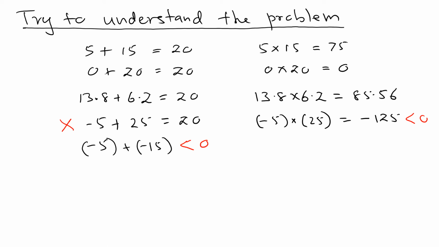The sum is always negative. So this is also not going to work, because it doesn't satisfy the given condition. The product of two negatives is positive, but that doesn't matter because it doesn't satisfy the condition. So from this analysis, we understand that we have some special options. It's a good idea to always do an analysis like that for a problem like this.